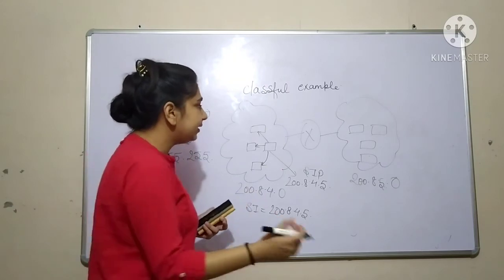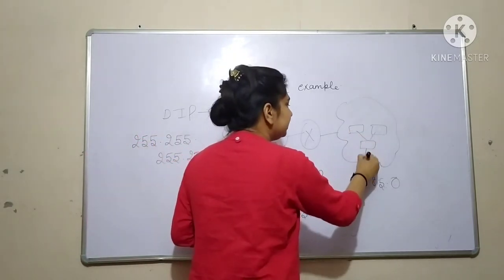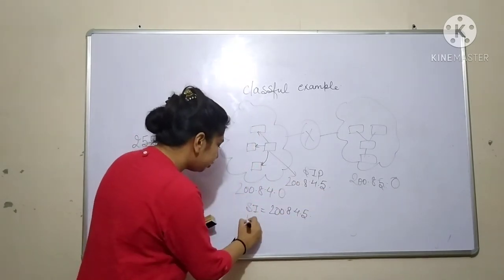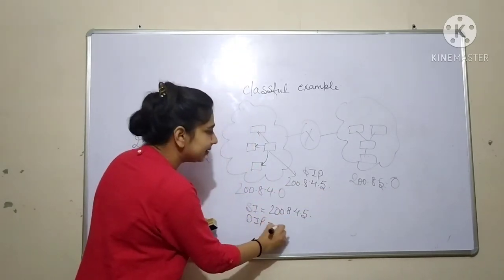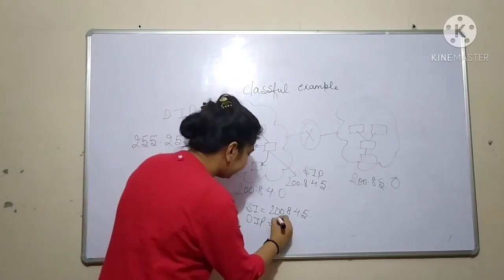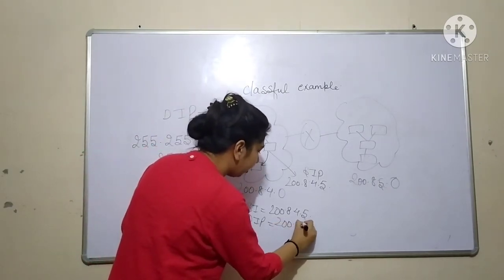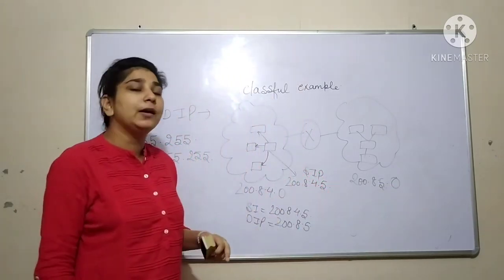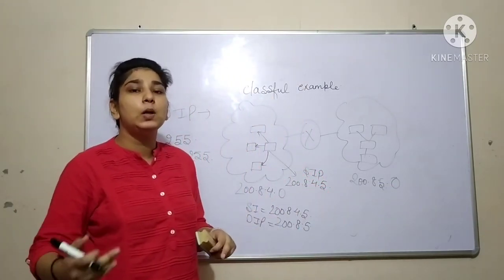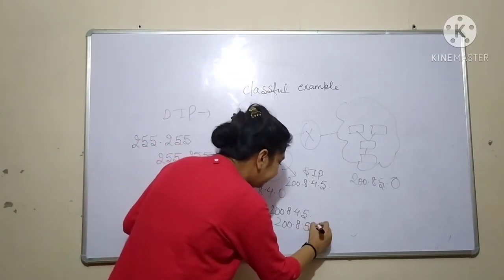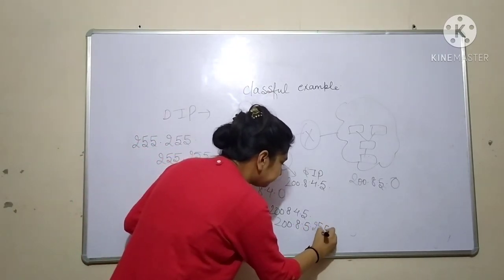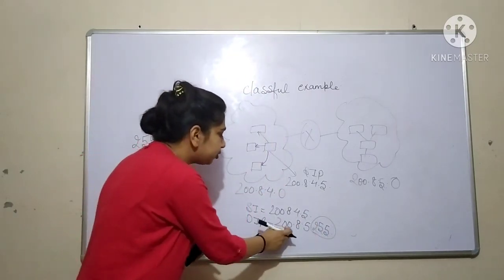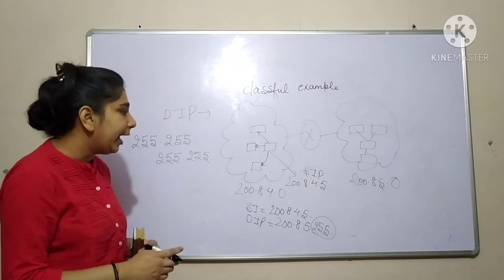Where is it going? It is going to all of these devices of this network. So what is going to be the destination IP? Destination IP is going to be 200.8.5, this is the network ID. In the direct broadcast address, what we do? Put all ones in the host ID. .255. I have put all ones in the host ID. So this is going to be your destination IP.